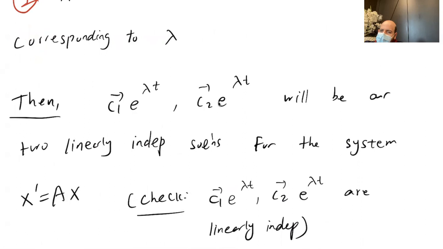And this situation happens only in the case where you have a diagonal matrix with diagonal elements lambda. All things that I said are valid for 2 by 2 cases. We only consider 2 by 2 cases for now.